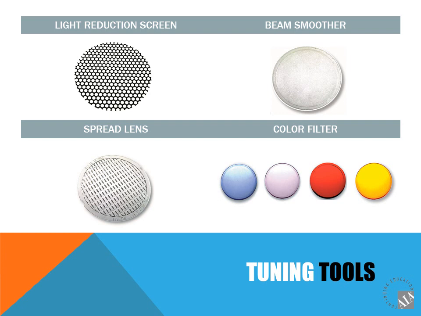Beam smoothers, very valuable for, as it says, smoothing the beam. Spread lenses, I would really like to emphasize. There's just one pictured here, but there's a whole multitude of spread lenses that can change the shape and really tune the beam of light for a specific work of art.